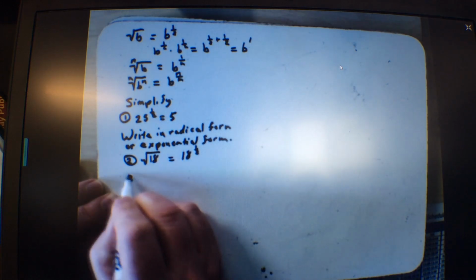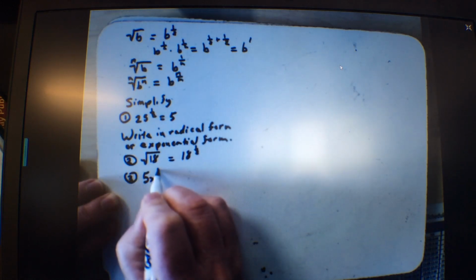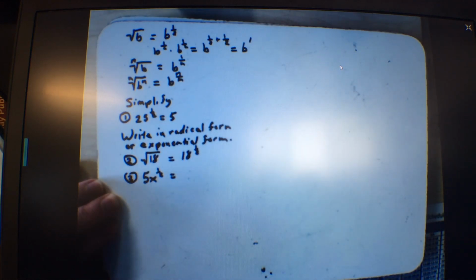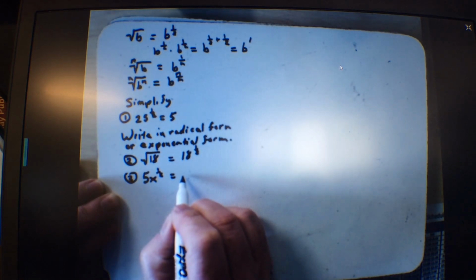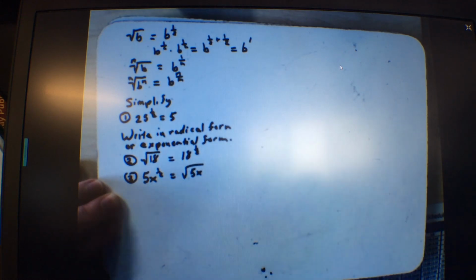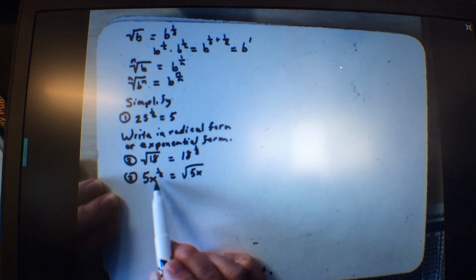Now let's take a look at this one. Now be careful on this one. 5x to the 1/2 power. What form is that, Jackson? That is exponential. So we want to put it in radical form. Be careful on this one. Would it be the radical and then 5x under it? Okay, that's what you would think, right? Tell me, this exponent goes to the x.